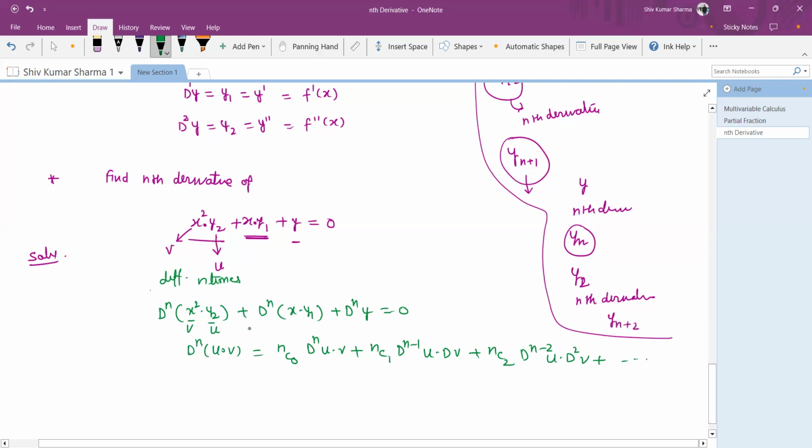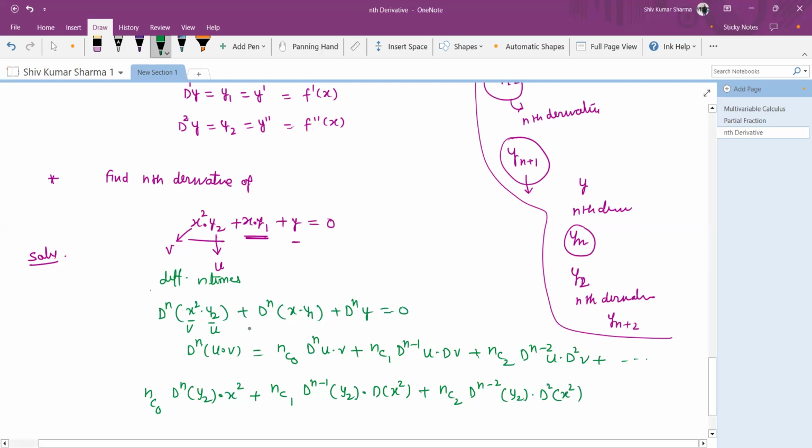We write the first term as nC0 into dn u. The nth derivative of u means y2, into v, where v means x square, which we write as it is, plus nC1, so d(n minus 1) u, which is y2, into dv, the differentiation of x square, plus nC2 d(n minus 2) of y2 into d square v of x square.